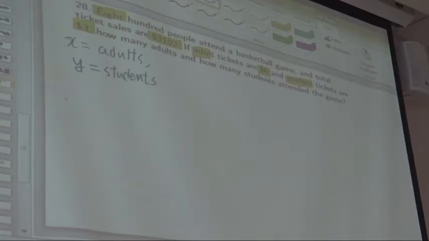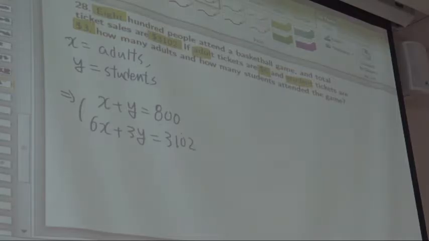The total is 800, so x plus y is 800. The adult ticket is $6, so 6x, and student tickets are $3, so 3y. Total is $3,102. So we have an x, y equation like the previous one, right?